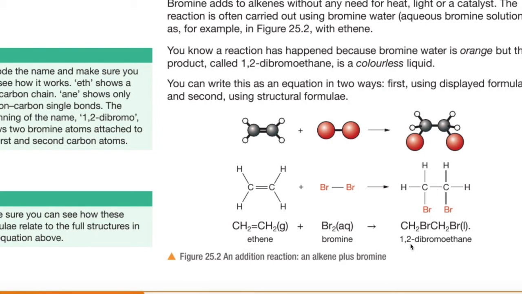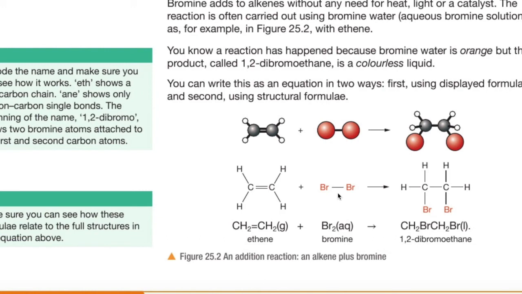You see, ethane means a carbon-carbon single bond. 1 and 2 are the positions where bromine atoms are bonded, and what atom is bonded? That's bromine, so that's bromo. So 1, 2, di means 2 of those, dibromoethane. And this chemical is colorless, and therefore the ethene is able to decolorize the bromine water, so the water's color disappeared.